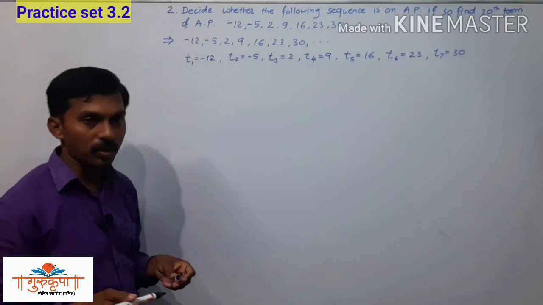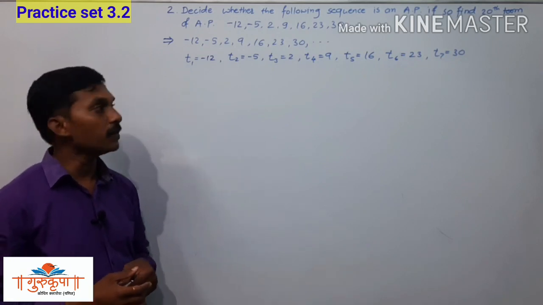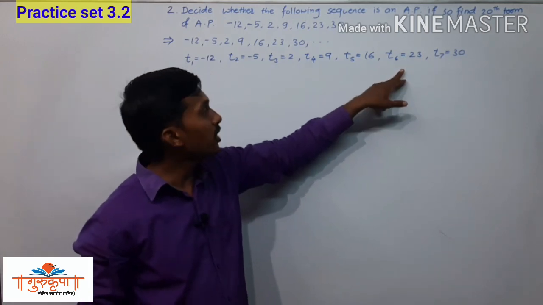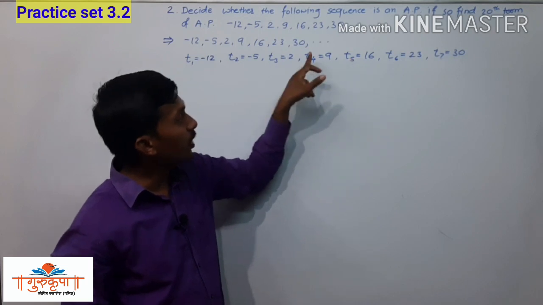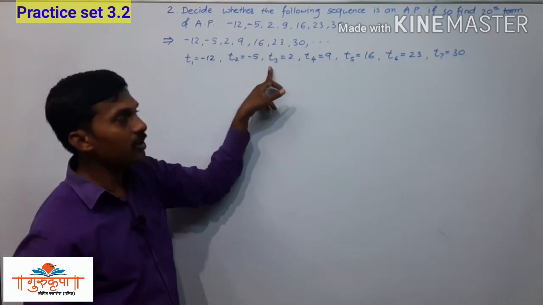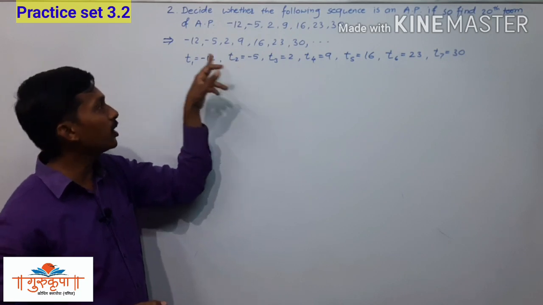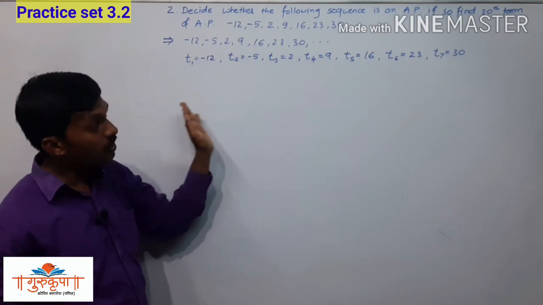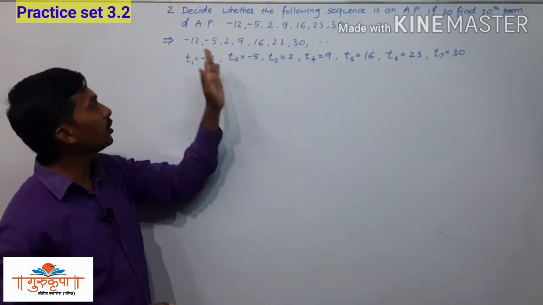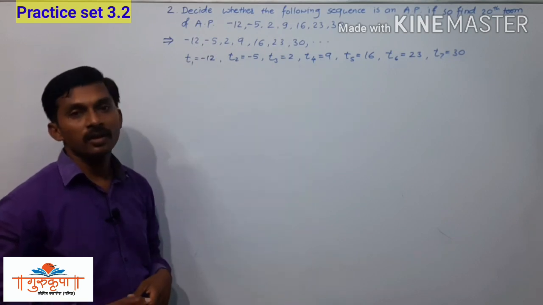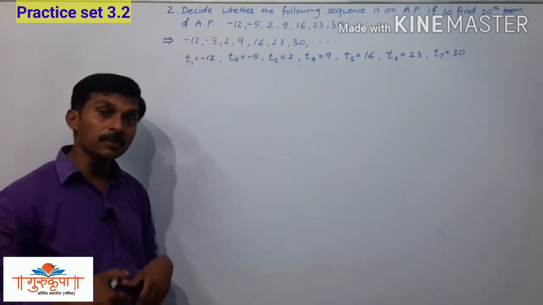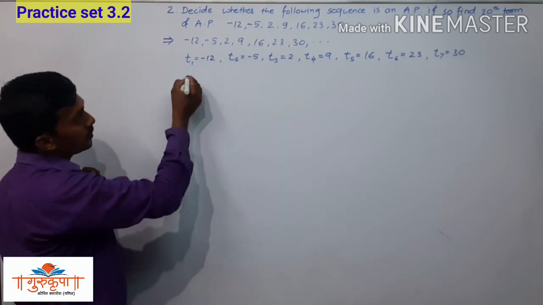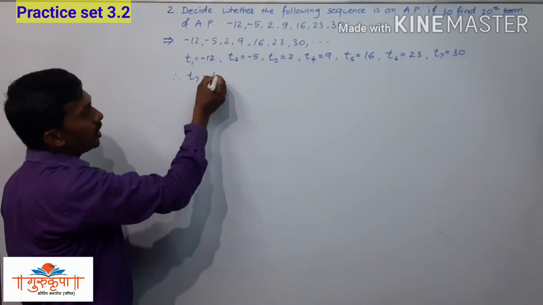Now we have to find the common difference, that is the difference between any two consecutive terms: T7 minus T6, then T6 minus T5, then T5 minus T4, then T4 minus T3, then T3 minus T2 and then T2 minus T1. All the differences we have to find. If all these differences are the same, then we can say that it is an AP. And if the differences are different, then it is not an AP. First we will find T7 minus T6.